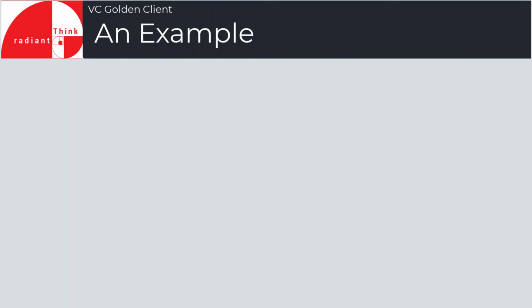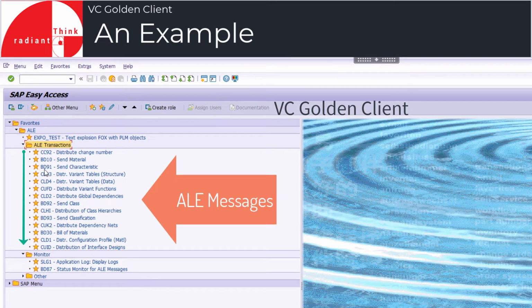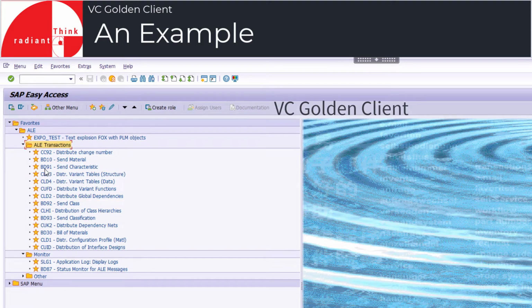Once the technical setup is created, the VC modeler can push out the changes from the Golden Client. The messages are sent in a specific order. For example, when a new characteristic is added to the model, it is sent before the object dependencies that use it. A simple example is a characteristic. We send with transaction BD91.